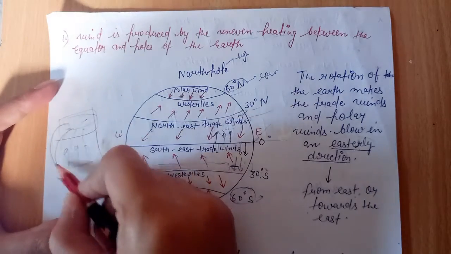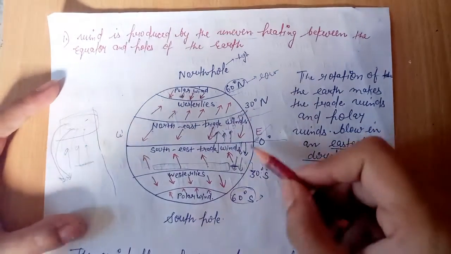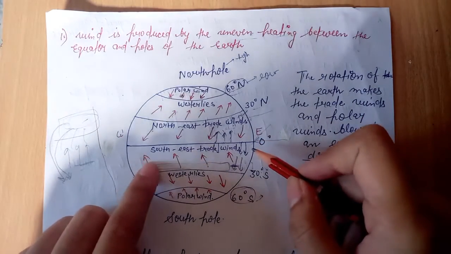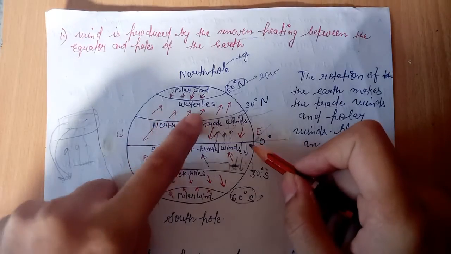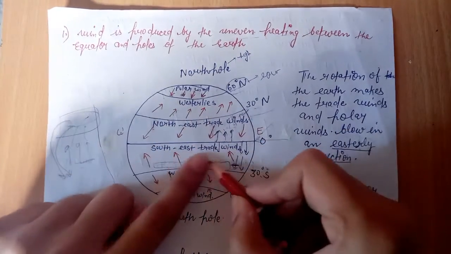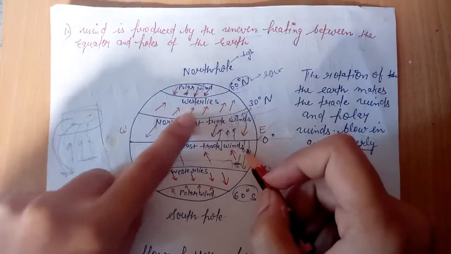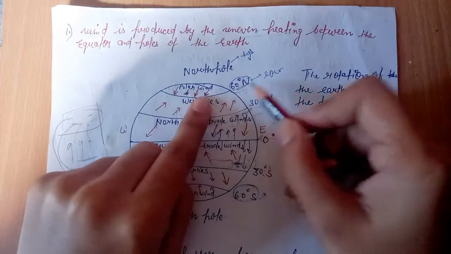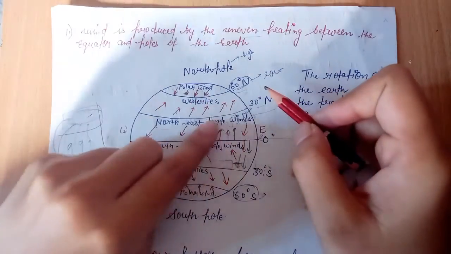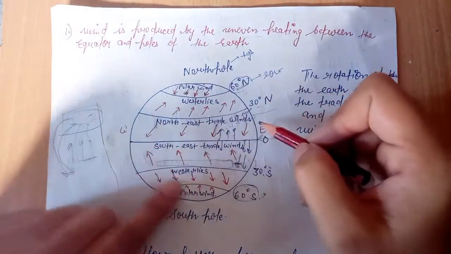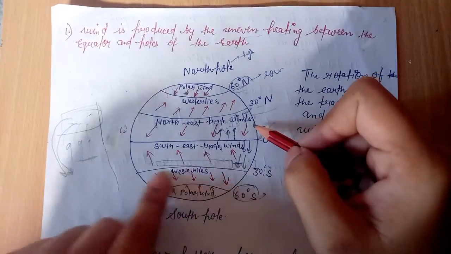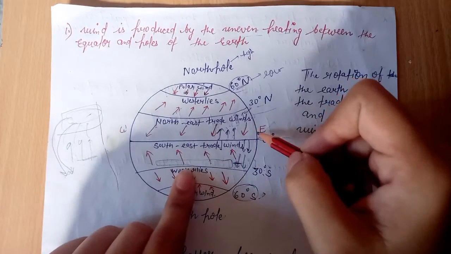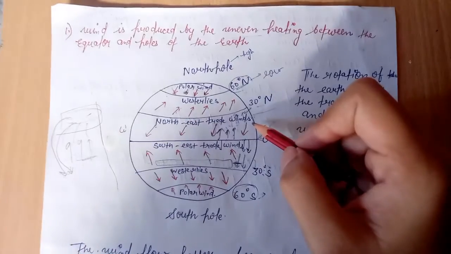When these trade winds flow towards 60 degrees north, such as the southeast trade winds, they are called westerlies, and when northeast trade winds blow towards 60 degrees south, they are called westerlies in the southern hemisphere. And how do polar winds flow?